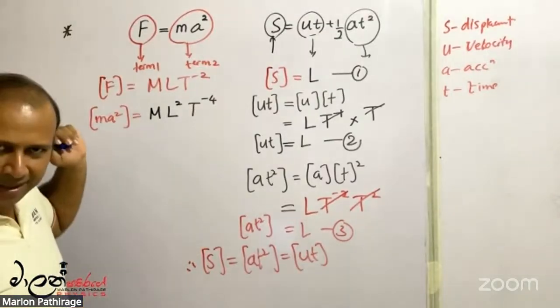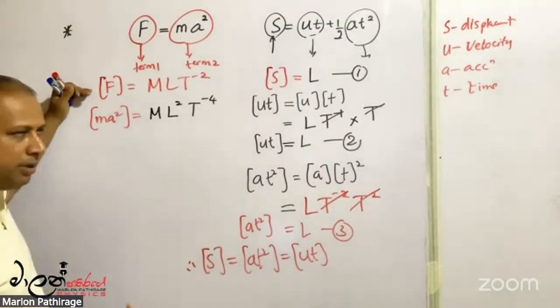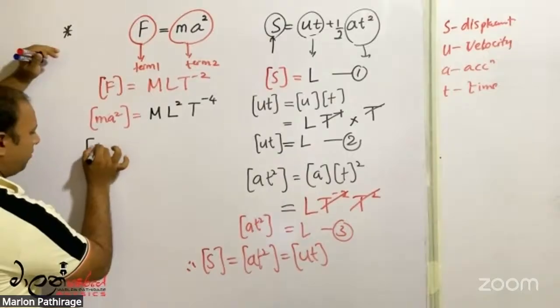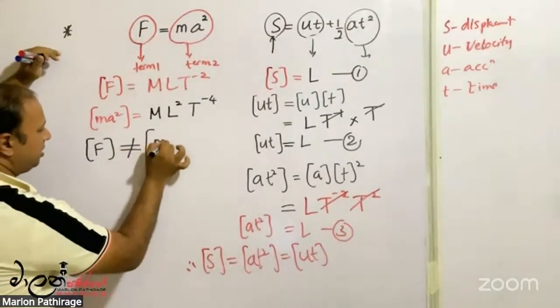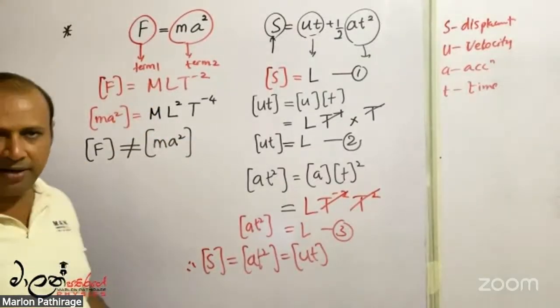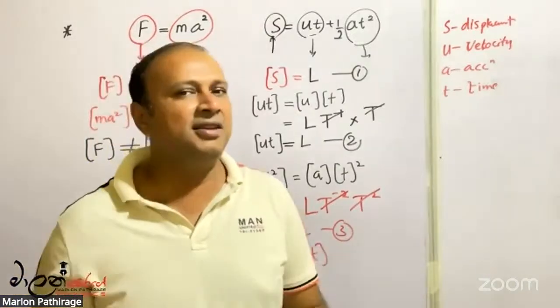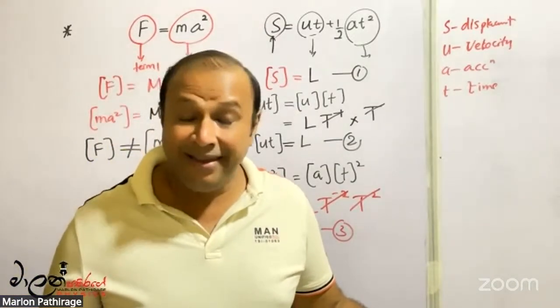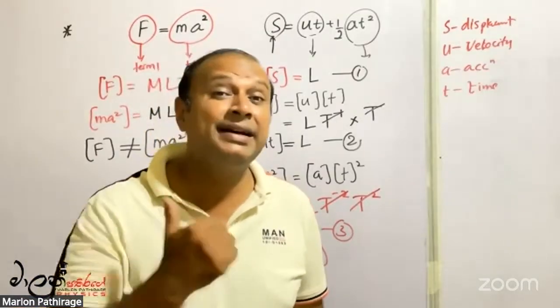Now it is very clear. The dimension of F is not equal to the dimension of MA squared. Therefore, this is an incorrect equation.